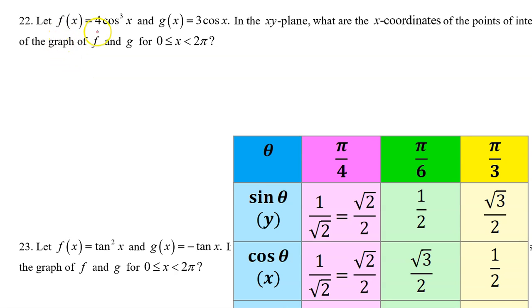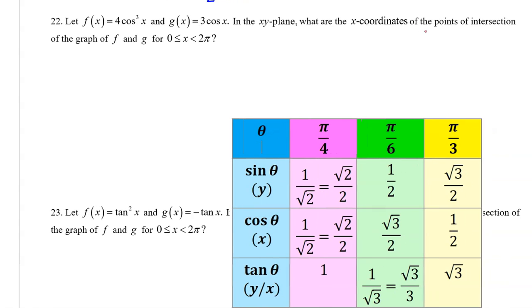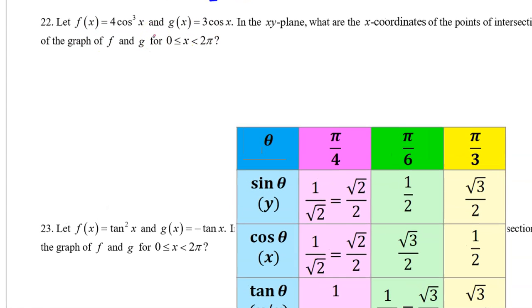For number 22, we are again looking for the x-coordinates of the points of intersection between f and g. So we begin by setting the functions f and g equal to each other and solving. We have 4 cosine cubed x is equal to 3 cosine x.